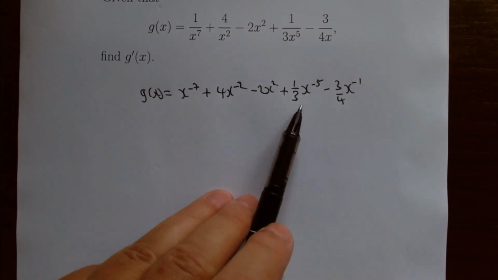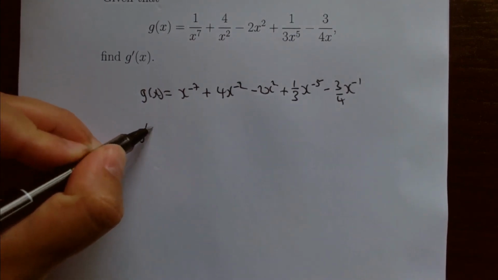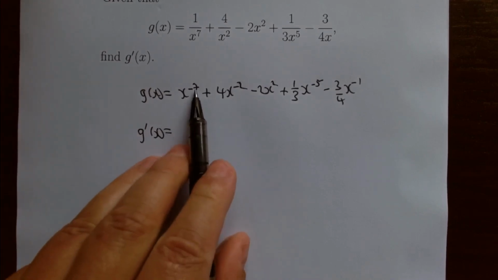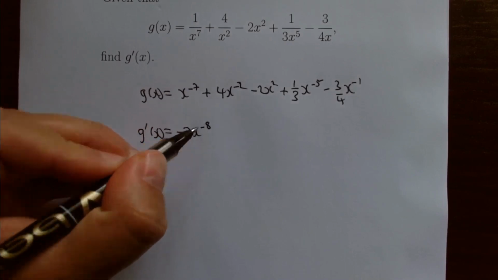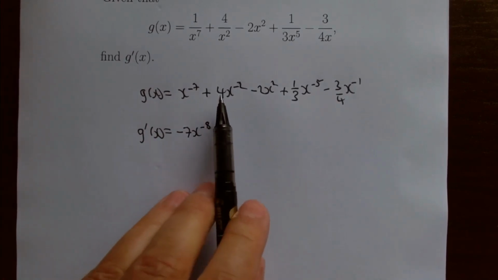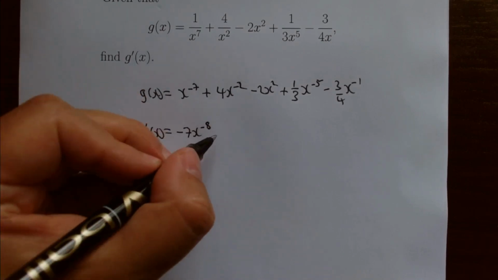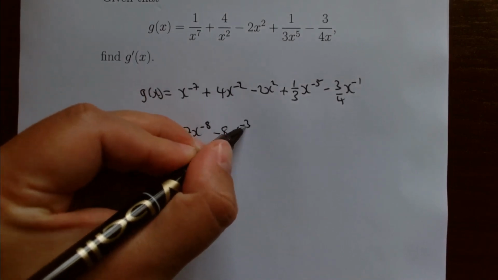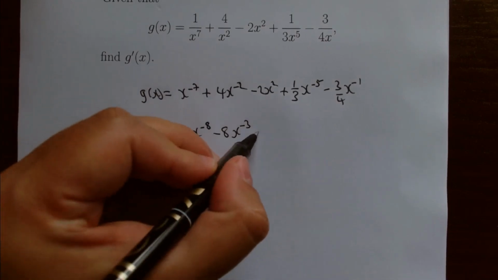Okay, now we can differentiate it term by term. So g of x becomes minus 7 x to the minus 8. That becomes minus 8 x to the minus 3. This becomes minus 4x.